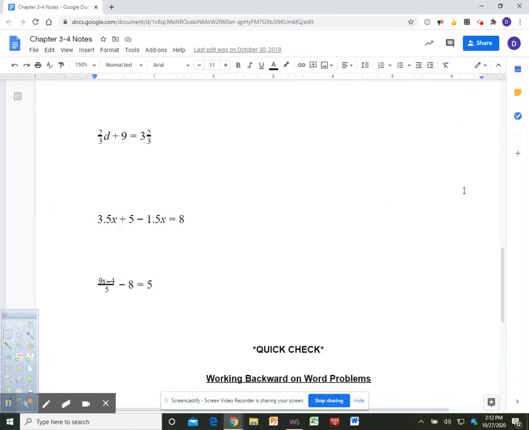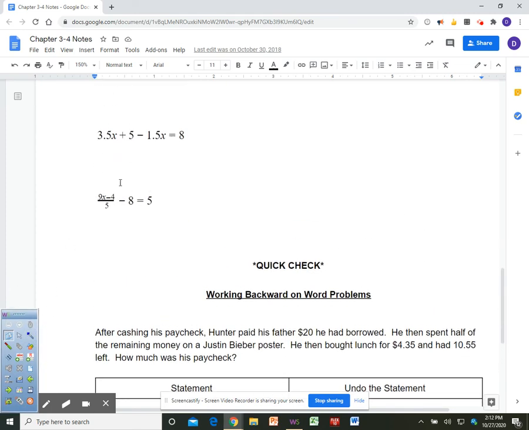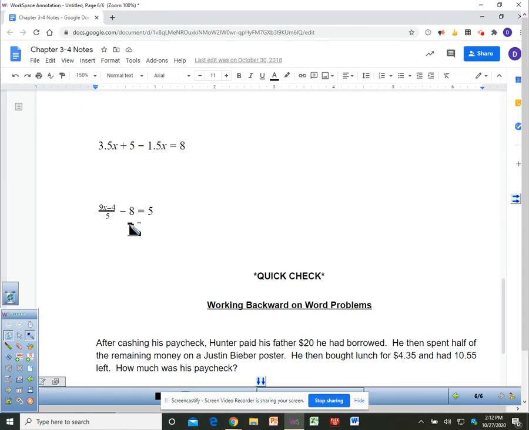Okay. Looks like we got another one like this. So now we have one with the fraction bars on the outside, right? So we're going to get rid of this first because see how before it just looked like this right here. But now we have this minus 8. So I'm just going to add 8 to get rid of it right away. 9x minus 4 over 5 equals 13.